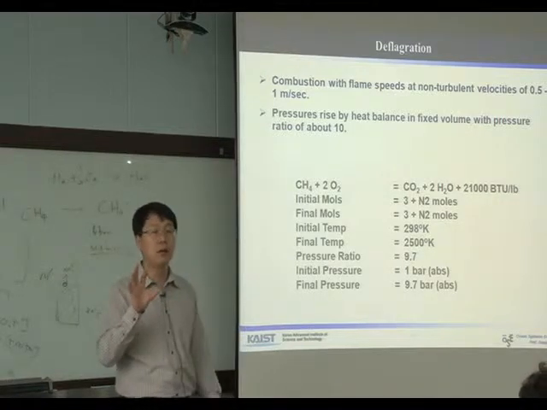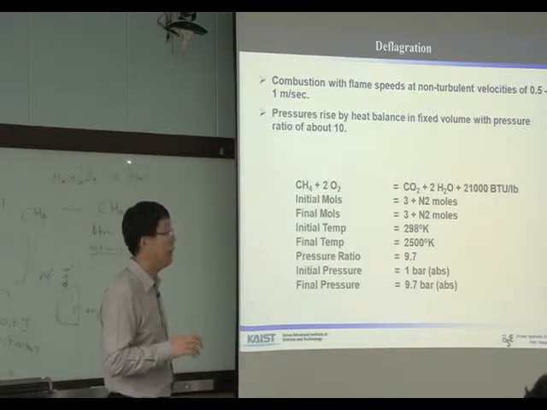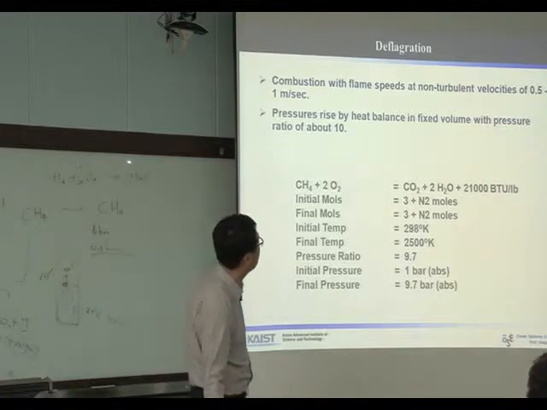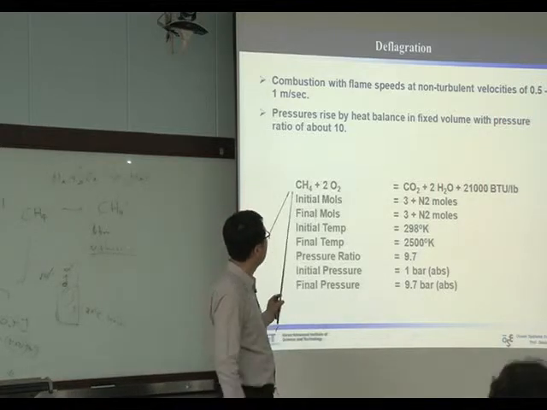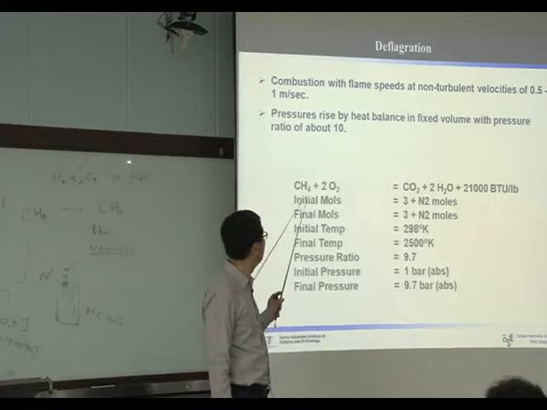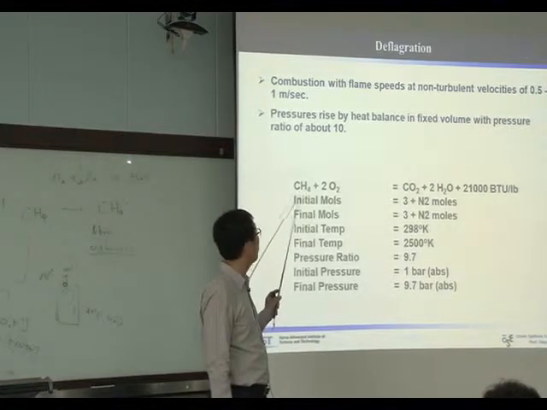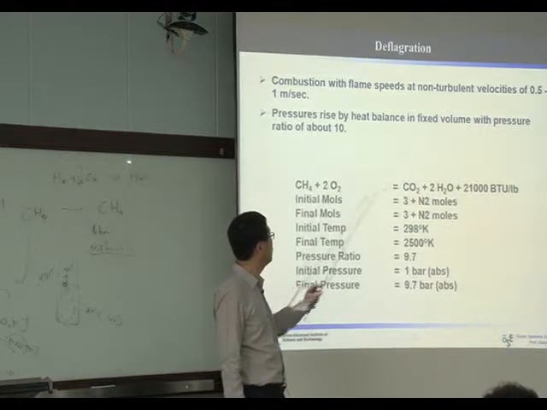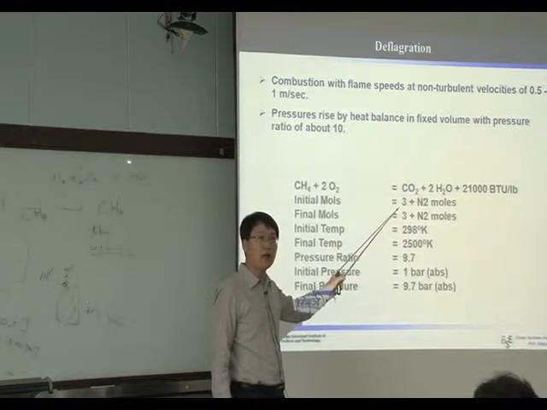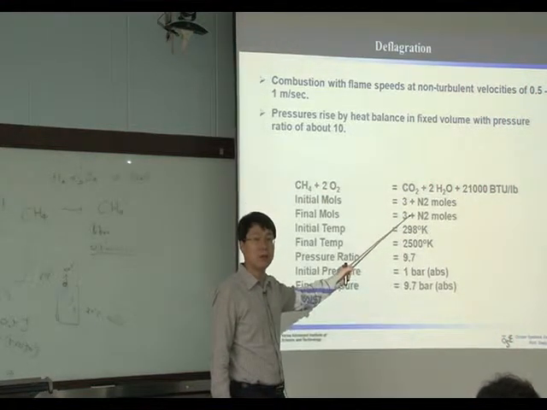If we burn methane, the stoichiometric ratio is like this. And initial moles, 1, 2. So the total initial moles is 3 plus nitrogen.